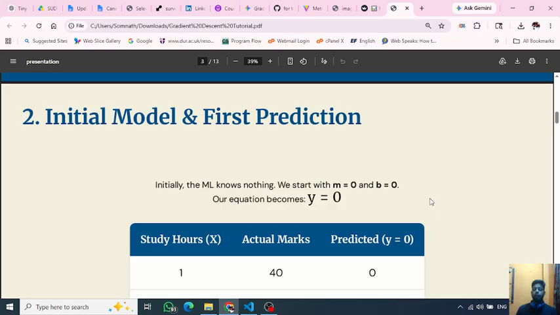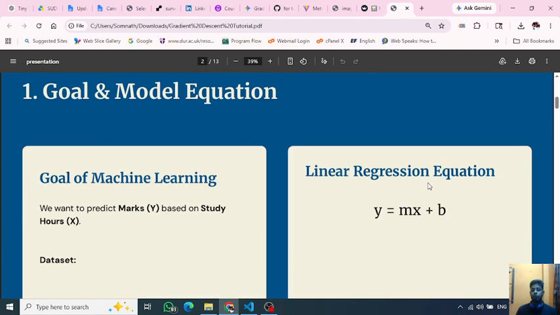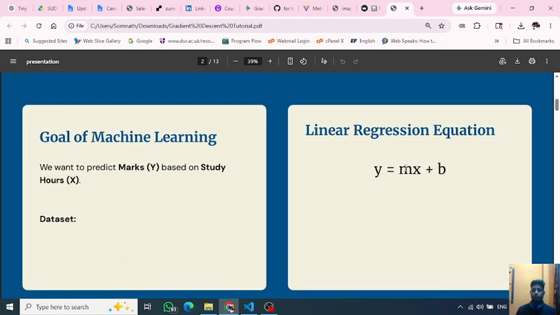As I showed above, the linear equation is y equals mx plus b. But at the initial state, we don't know the values of m and b, right? But we know the value of x because x is the input value, in this example hours, and we have to predict the marks, right?